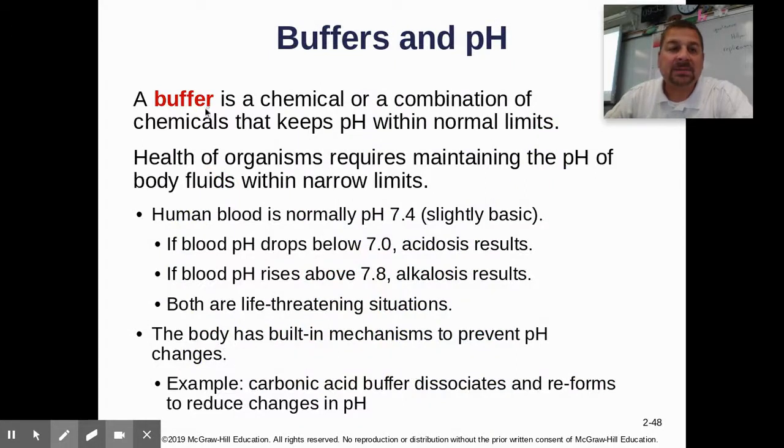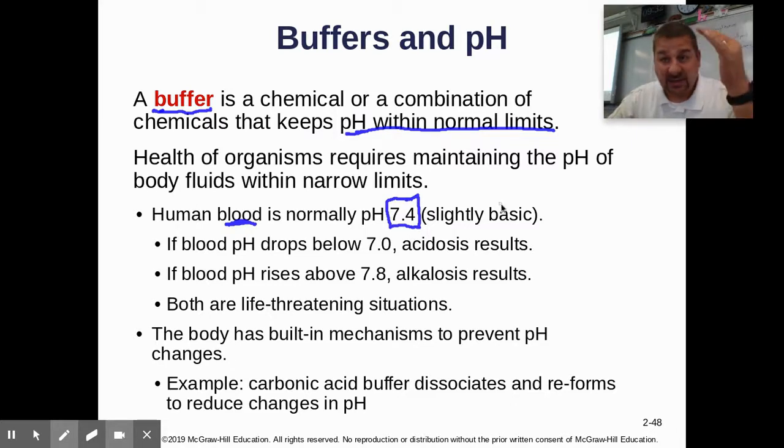The final concept is that of a buffer, not a buffer, that's something different in our area. A buffer is something that keeps the pH within limits, again helping with homeostasis. A good example in biology is human blood. Our blood is normally about 7.4, which is slightly basic, slightly above 7.